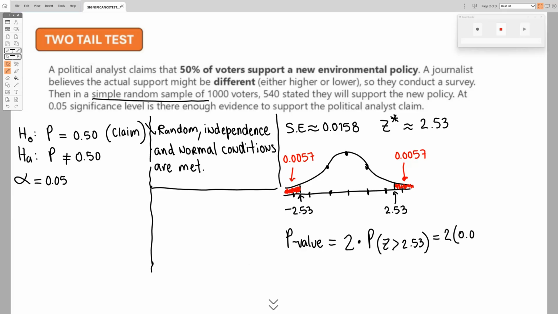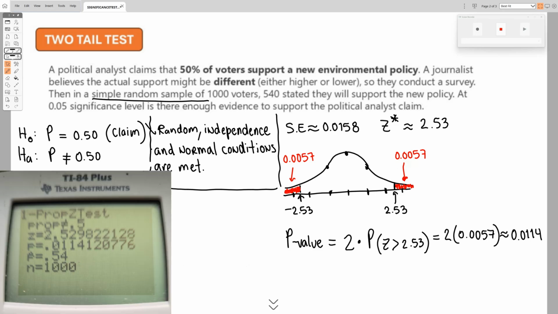The p-value is twice 0.0057. The p-value is approximately equal to 0.0114, or about 1.14%.